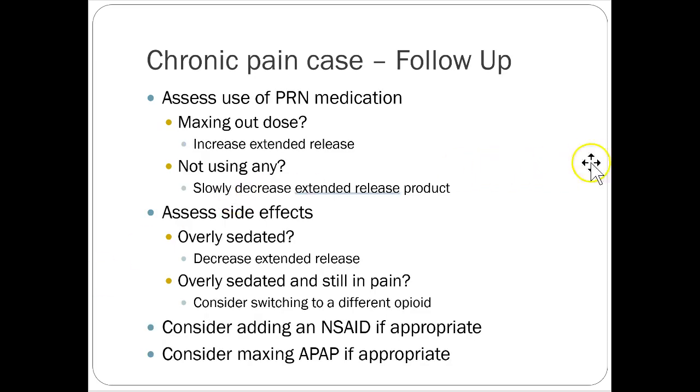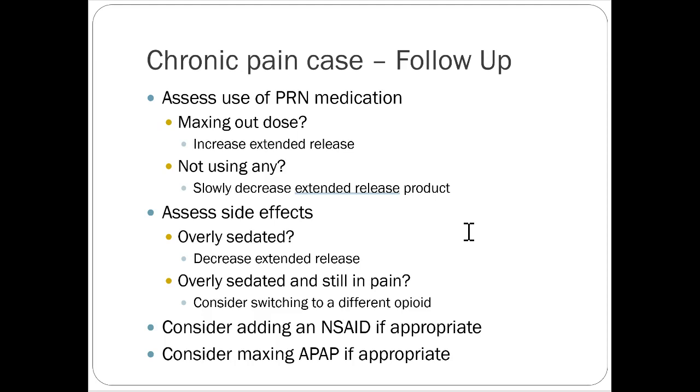So we just kind of talked about these 2 points, and then of course side effects. At a certain point, sedation might catch up with the patient if they're taking too many opioids. That's something we want to check, and certainly be really careful with those high dose extended release products, as they can cause a substantial amount of sedation. Once the patient takes them, it's in their system for 12 hours before coming out.